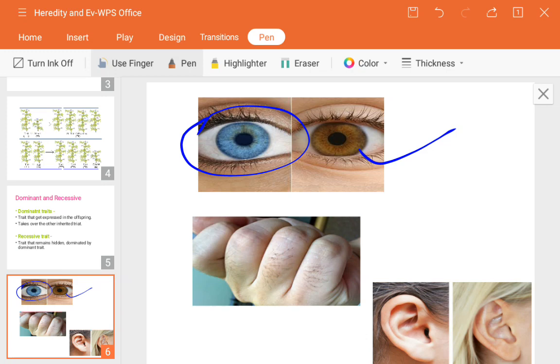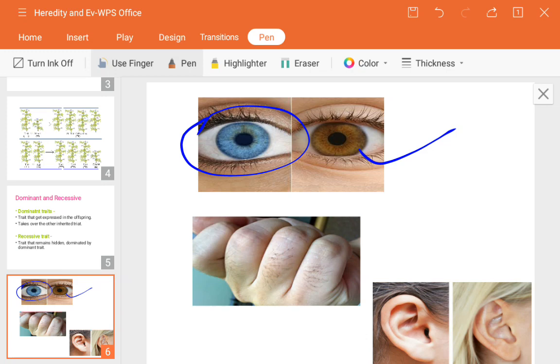The brown color always tries to dominate the blue eye color. The blue color is always a recessive one. So in this example, the brown eye color is dominant and the blue eye color is recessive, because brown is common in everyone.